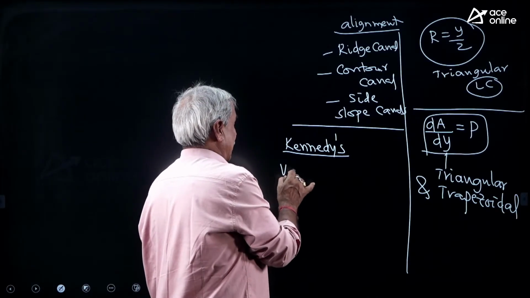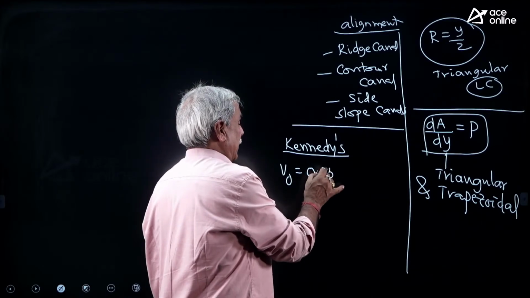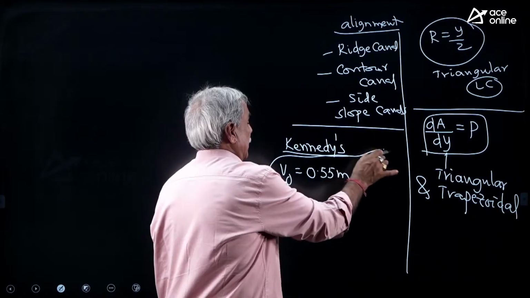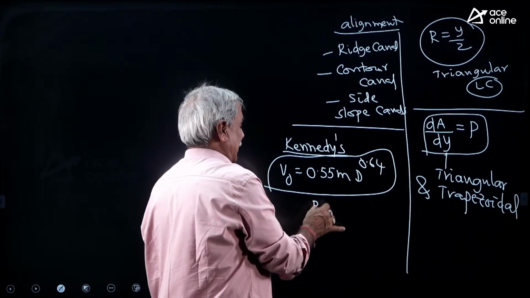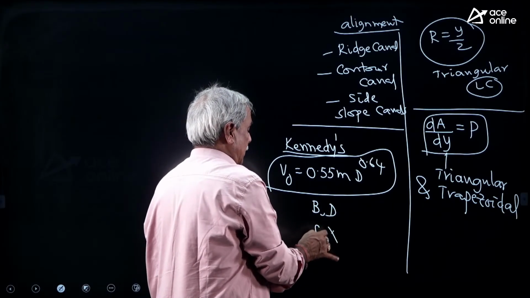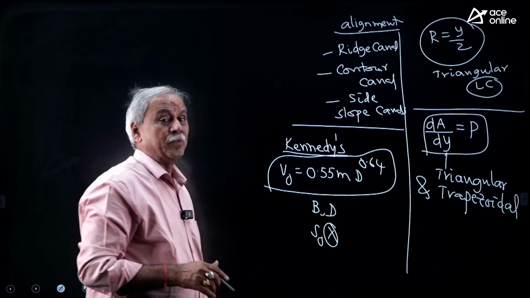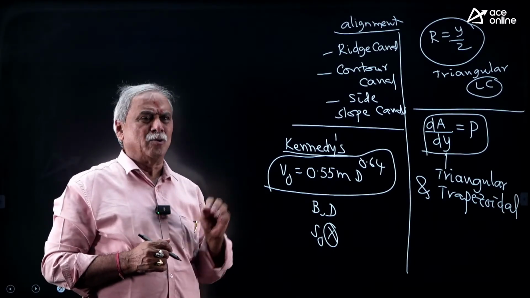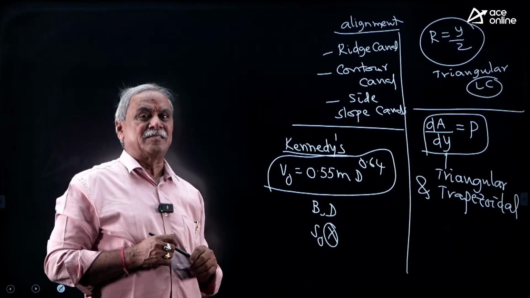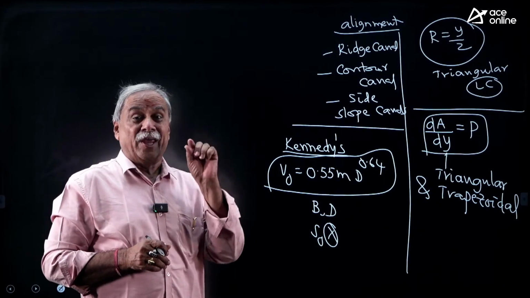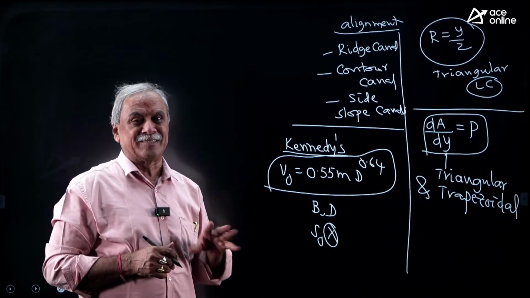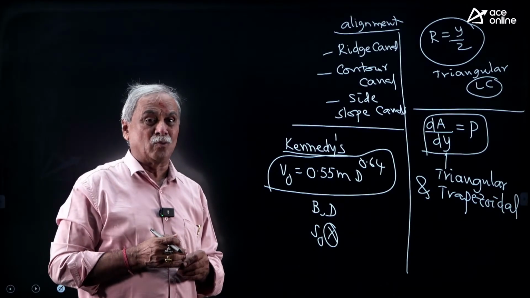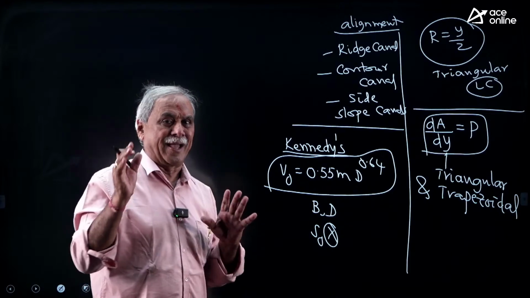He has given the formula for V0, 0.55 m d power 0.64, is the single formula. Using this formula we are able to get B and D. S0 value cannot be determined by Kennedy's theory. If you are asked what is the most important drawback of Kennedy's theory while designing the unlined canals in alluvial soils, our answer: inability to calculate the bed slope. Inability to calculate the bed slope is the one major drawback.